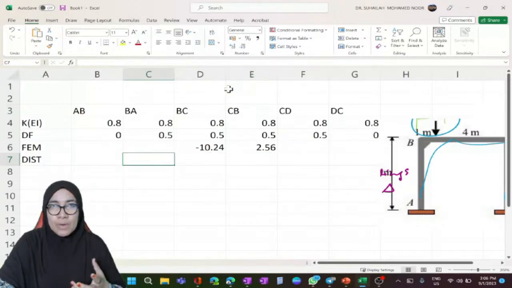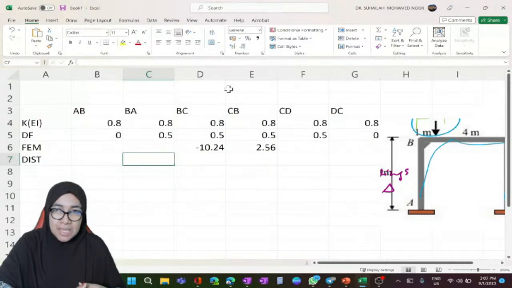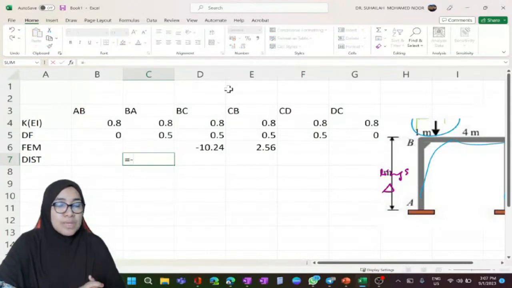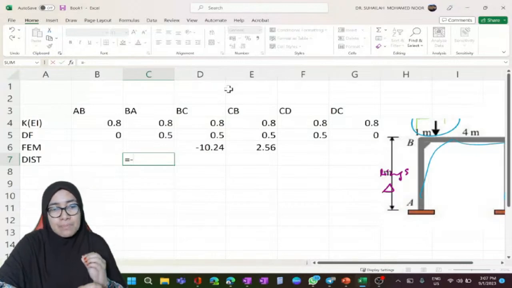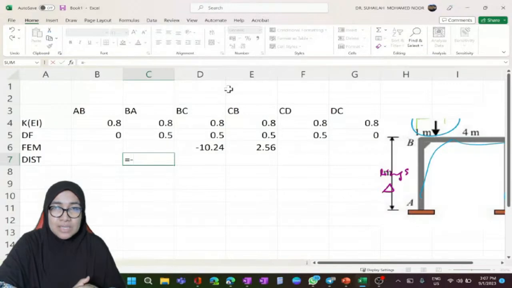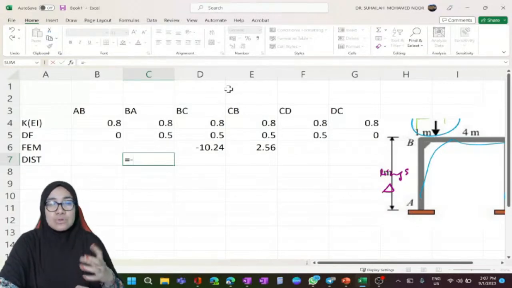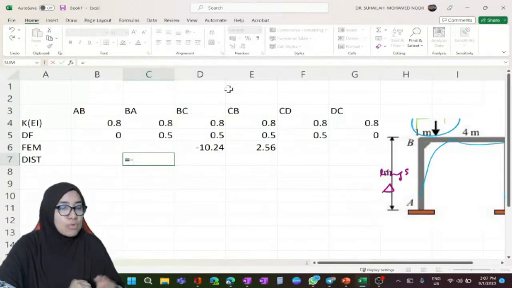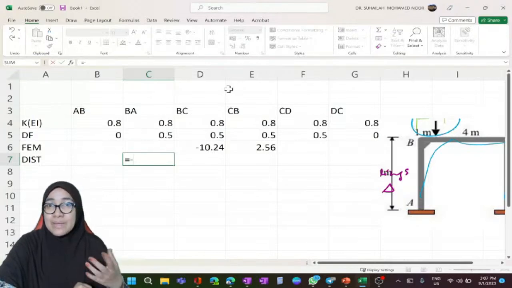So what we need to do is find the joint moment. The joint moment for B is BA plus BC, and opposite to negative 10 is positive 10, so we get 10.24 as the joint moment. Normally we change sign, or put negative, to represent that opposite condition.